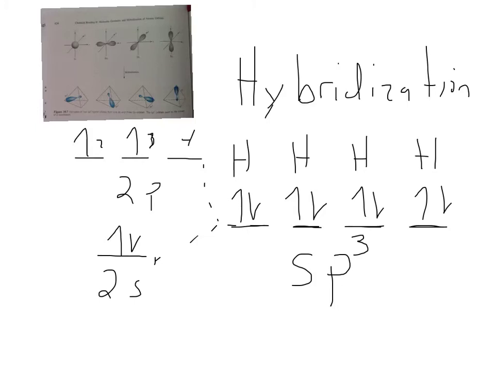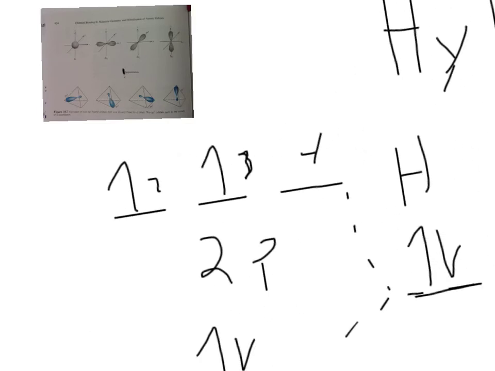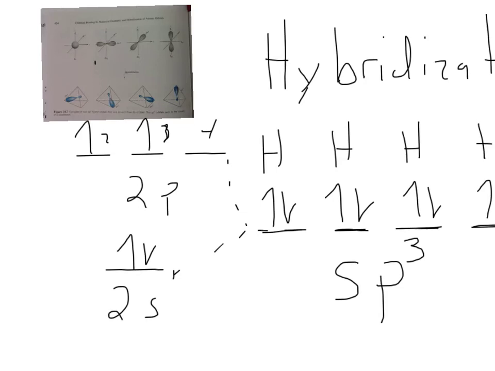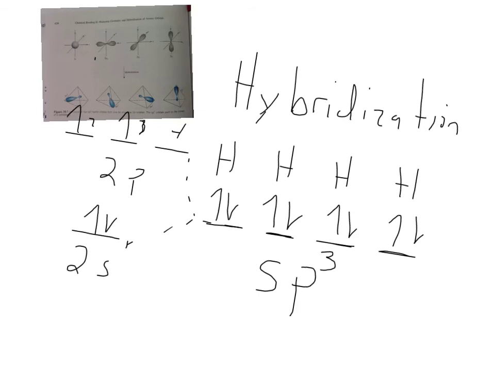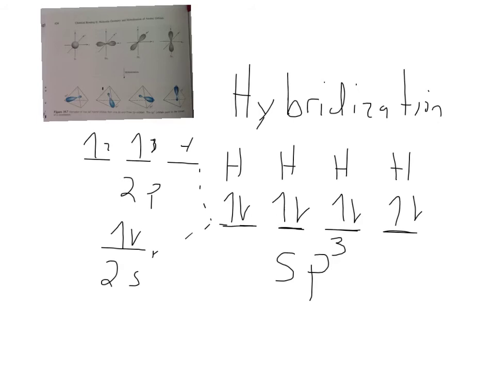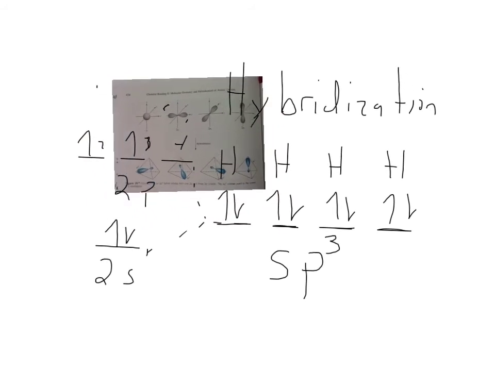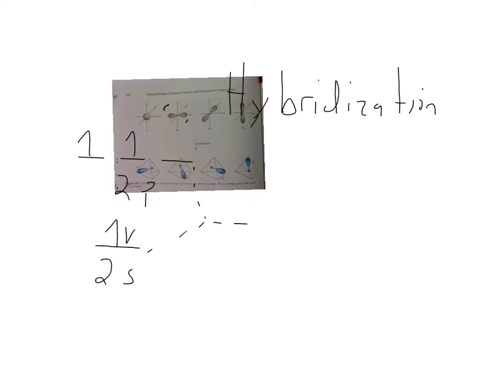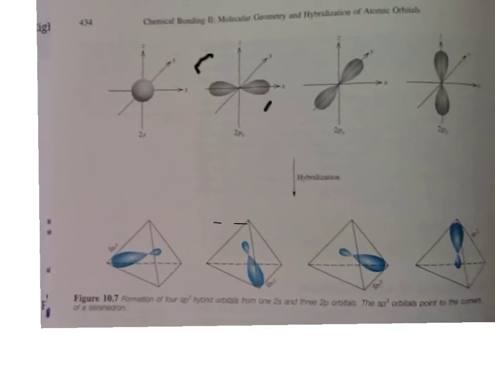And the beauty of it is, my friends, that the 4 hybrid orbitals point to the corners of a tetrahedron.